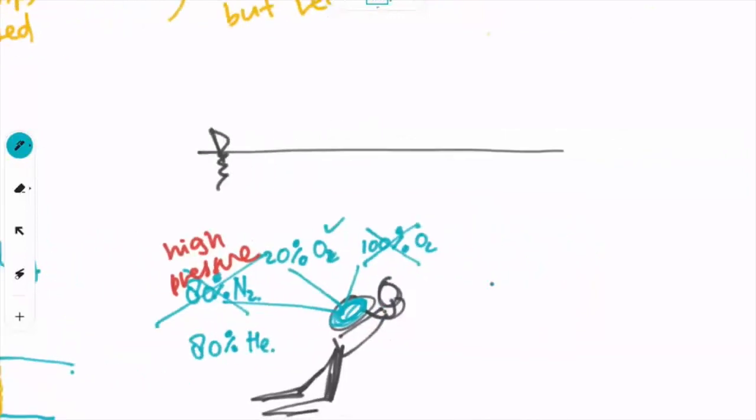This mixture is called heliox. But helium is expensive. Not expensive, but the supply is limited. But no choice now, otherwise you cannot use the nitrogen.